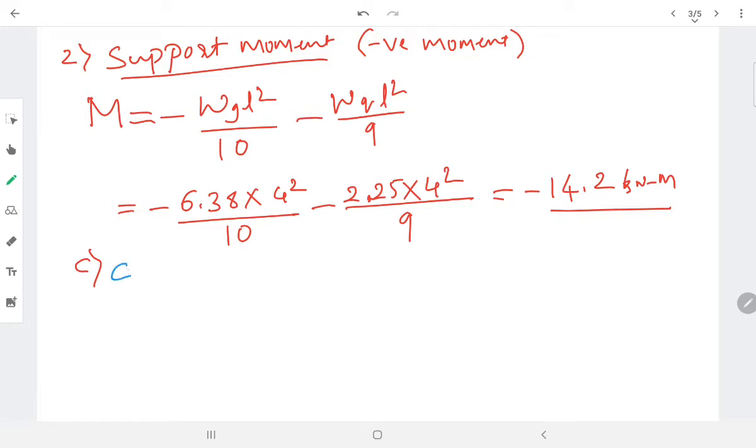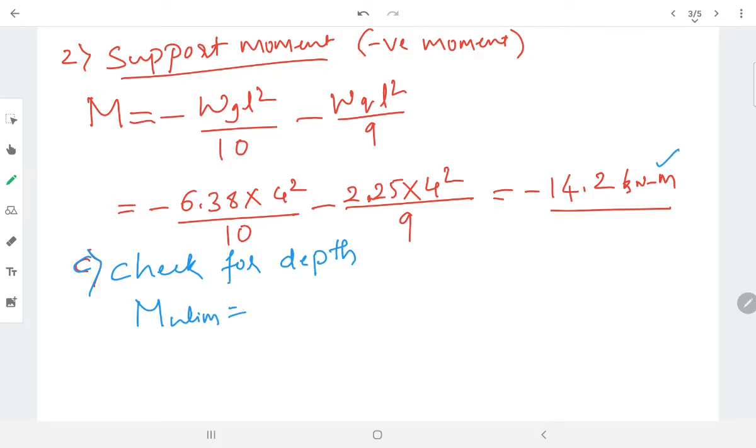Step C is where we check the depth of the slab. Earlier we calculated the effective depth as 125. Right now, with the help of this moment, we have to check whether that depth carries the load or not. So Mu limiting equals, whichever moment is highest, we have to select that.